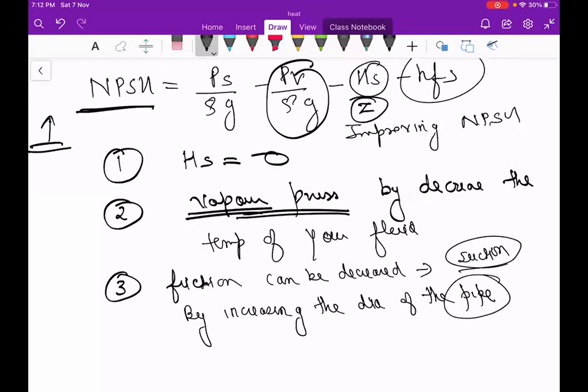I hope you have attended the fluid mechanics class in your college, pump also. Even in my BTech I didn't know this point, even after cracking the GATE I didn't know this point.